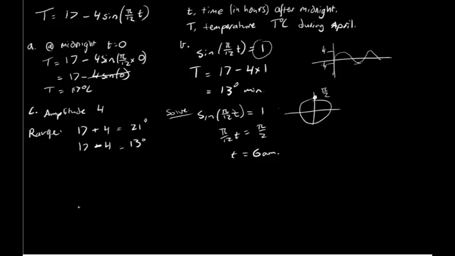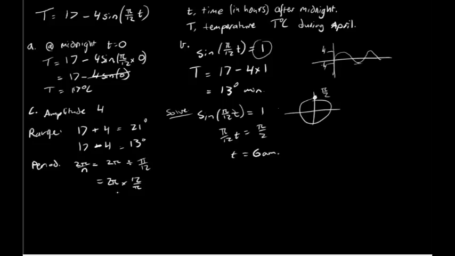Now we're looking at the period and sketching the graph. For the period, 2 pi on n, we'll have 2 pi divided by pi on 12, which is 2 pi times 12 on pi.